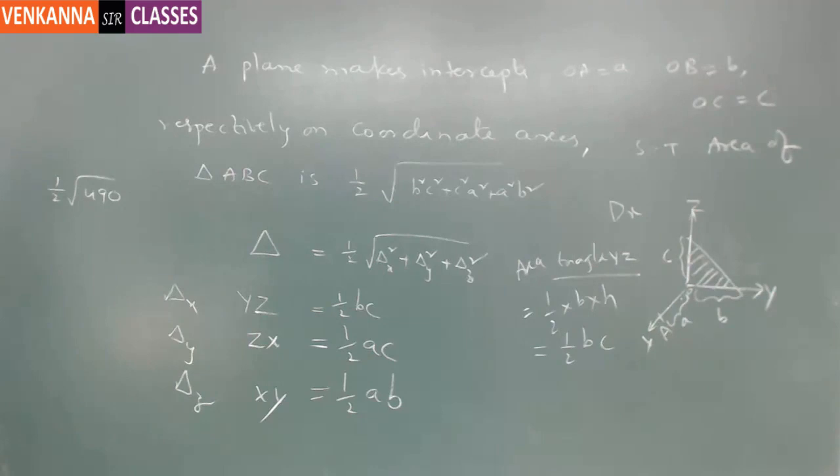So substituting these values in the formula for delta, you will get the required solution. Did you observe it? Does anybody have any doubts over the approach?